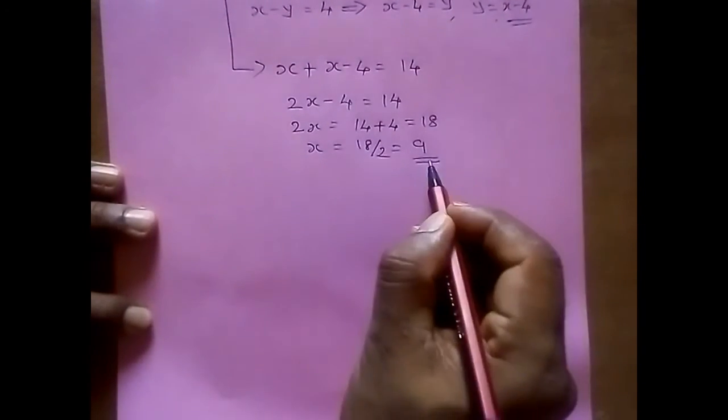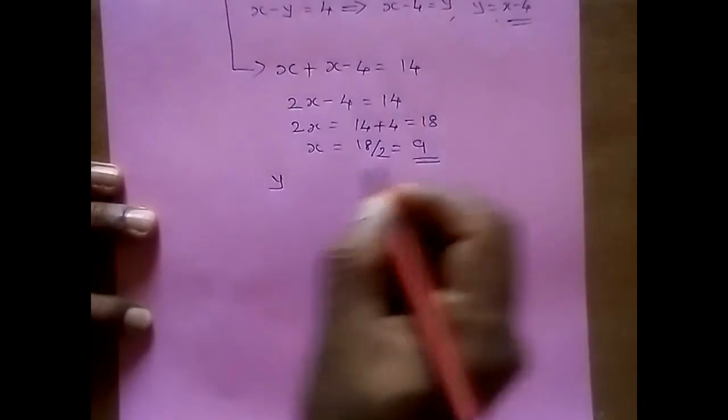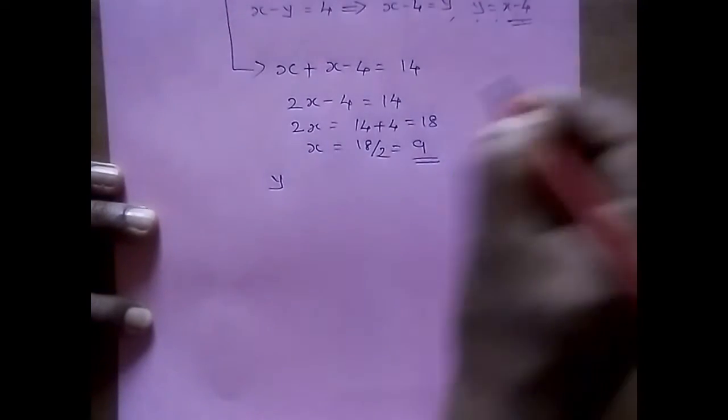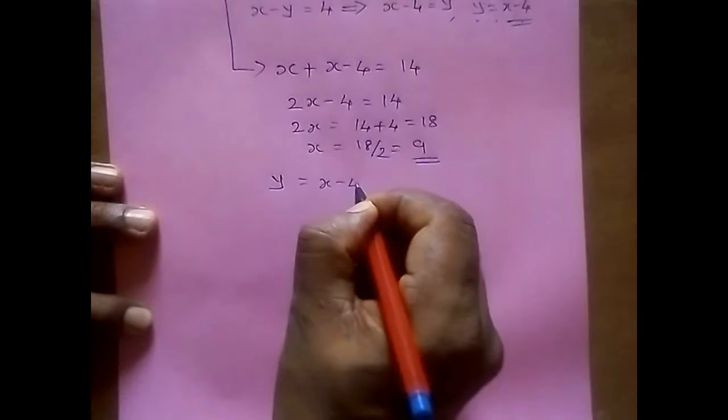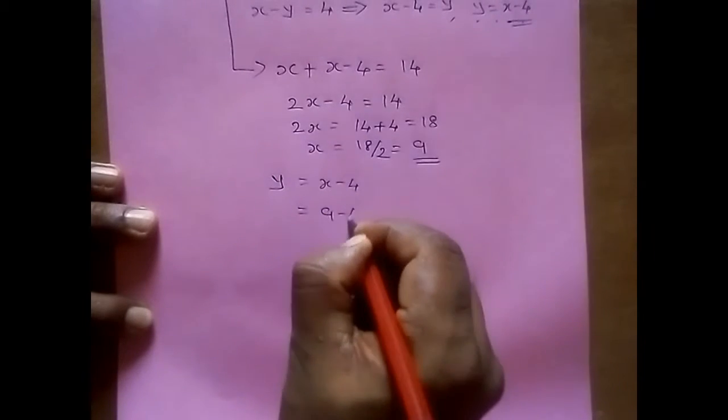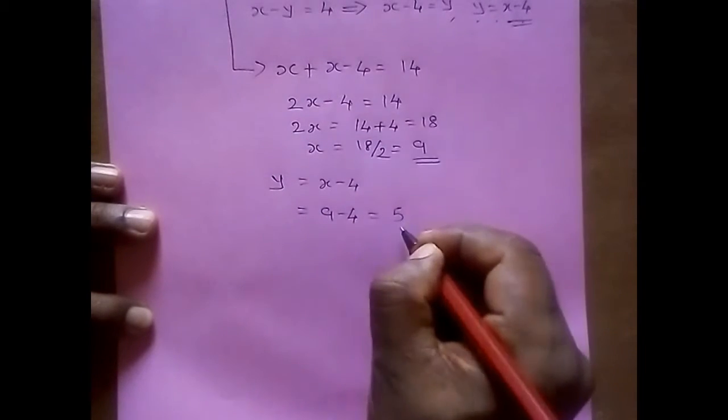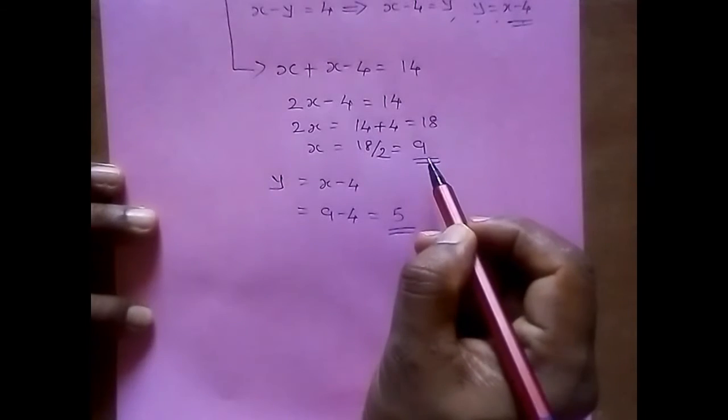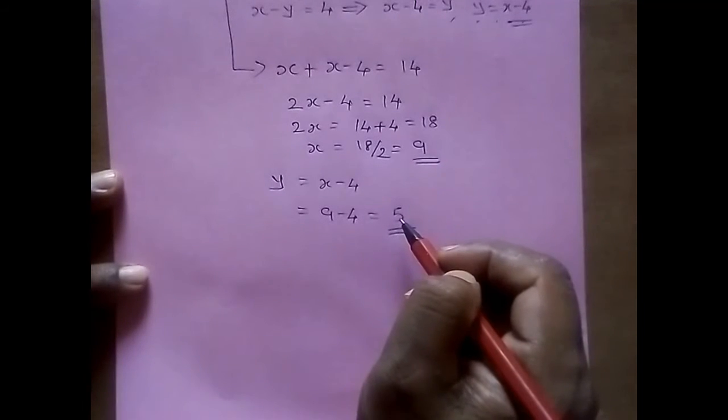When x is equal to 9, we can find the value of y, because y is equal to x minus 4, that is 9 minus 4 equals 5. So we have x equal to 9 and y equal to 5.